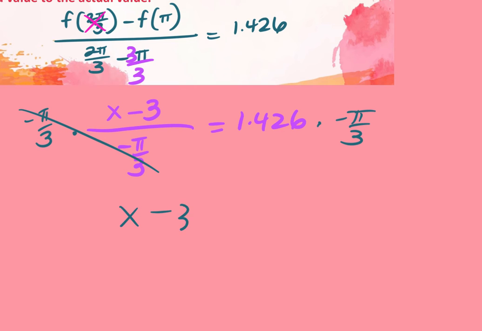And I get x minus 3 equals 1.426 times negative pi. I'm getting rid of it, so I multiply by it. If I was doing it on the same side, that's when I keep, change, flip it. But I have to move it out of the denominator, so I'm multiplying. Divided by 3.